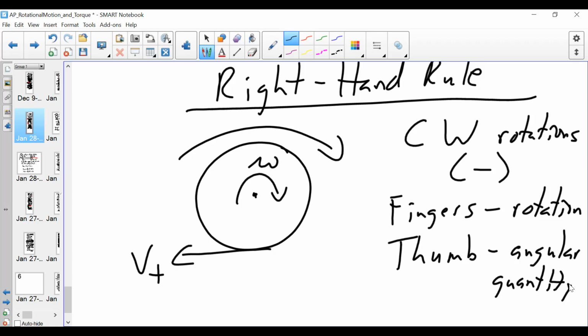If you curl your four fingers in the direction of this arrow, let me take a couple of practice trials there. You will notice that your thumb points into the plane of this page. When an angular quantity points into the plane of the page, that is your negative direction.